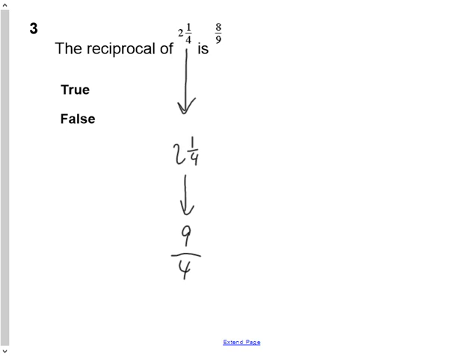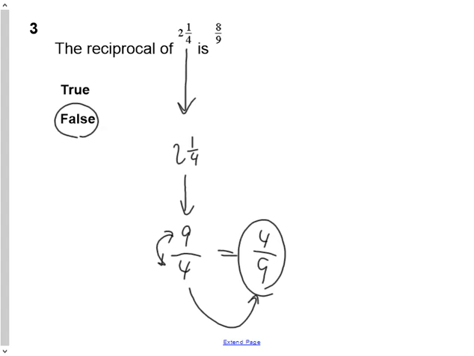Okay? The first thing you have to do is that. And the reciprocal of 9/4 would be taking that improper fraction and switching the numerator and the denominator of that particular fraction. So therefore, since 2 1/4 is 9/4, its reciprocal is 4/9, and therefore your answer is false.